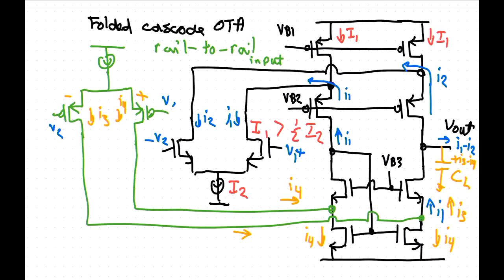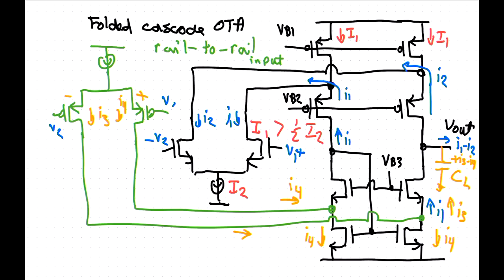But the voltage you have on a drain here is determined by the bias voltage, which is pretty much a constant voltage. So if you bias this as a wide-swing cascode mirror, this is going to be the smallest you can get away with, which is an effective voltage across the bottom transistor. So the voltage here is an effective voltage.